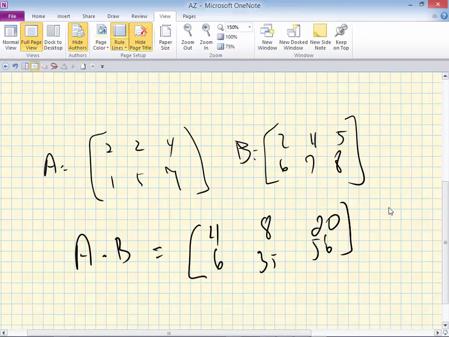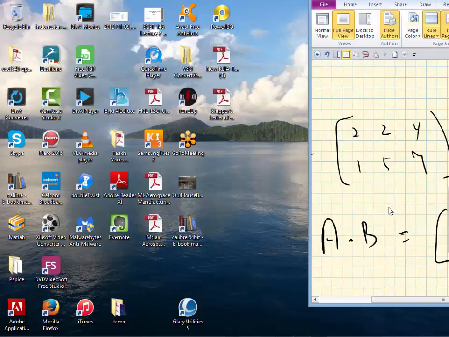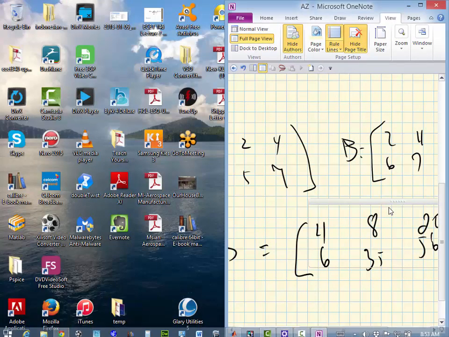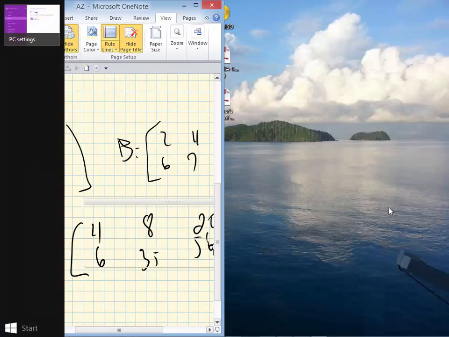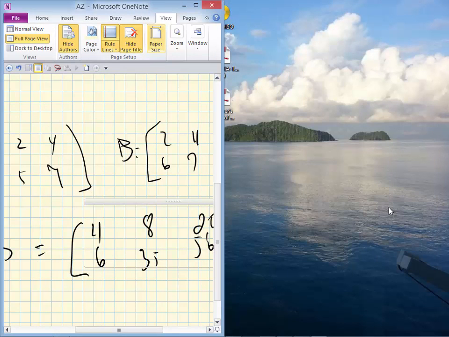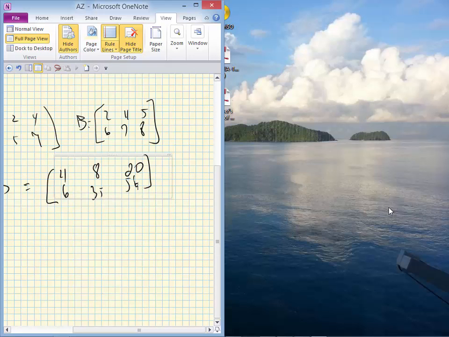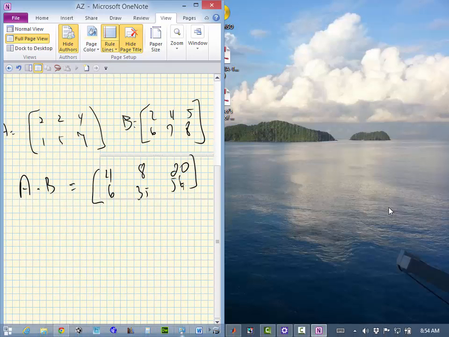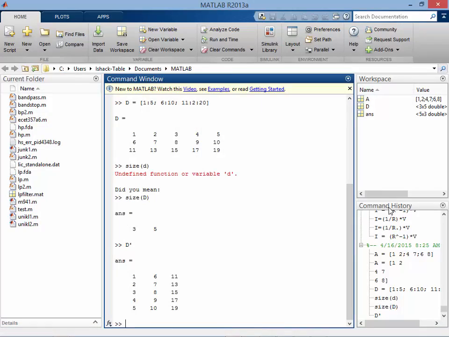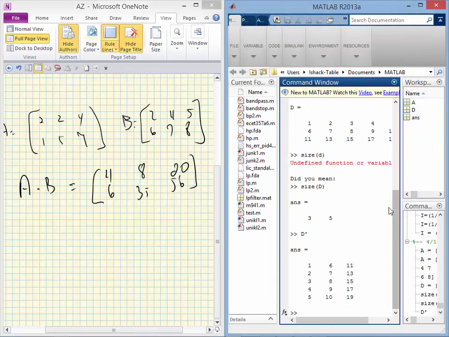So I can do this in MATLAB very easily. I need to zoom in so that I can see the whole thing, and let me go ahead and bring MATLAB on here.